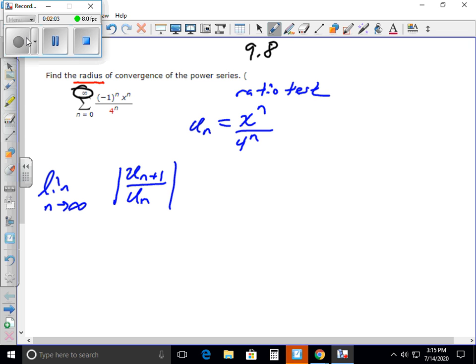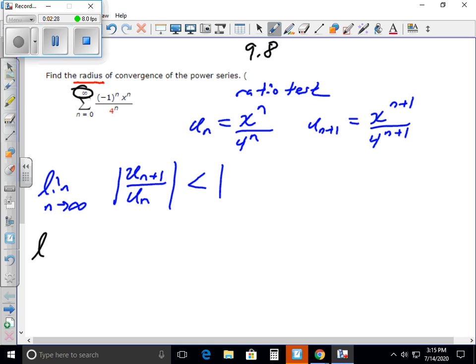And that converges as long as the absolute value of that ratio is less than 1. Since we're taking the absolute value, I'm going to drop the -1 to the n when we're listing our u sub n. So u sub n plus 1 comes from everywhere we have an n, replace it with n plus 1, like so.